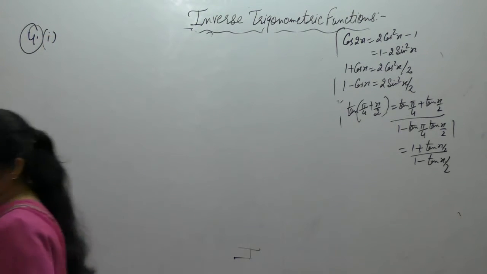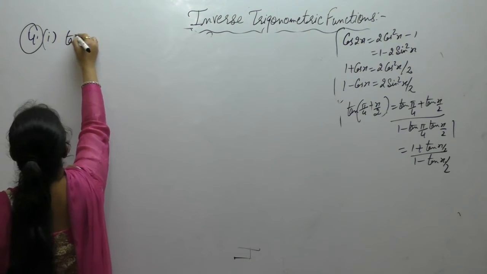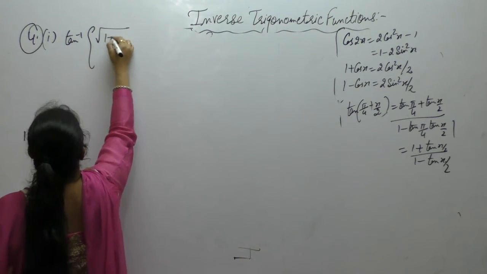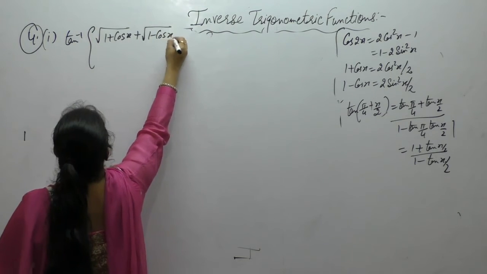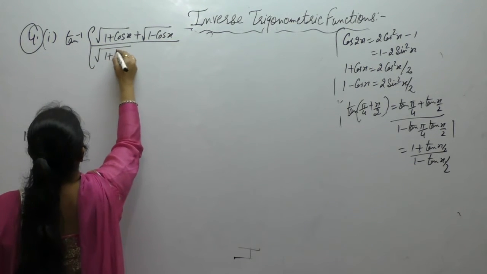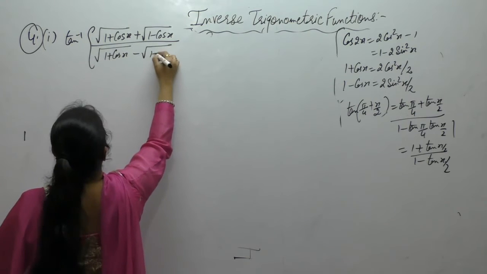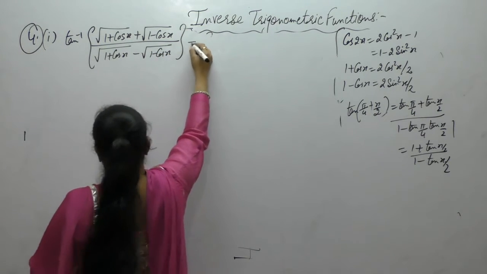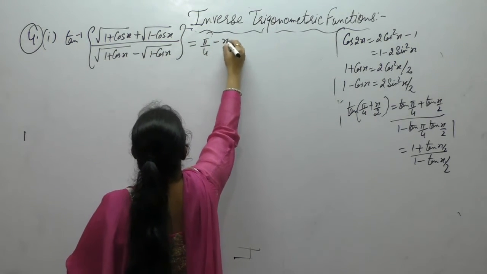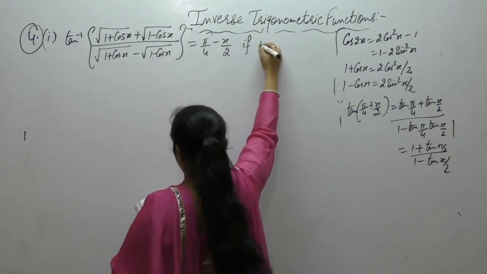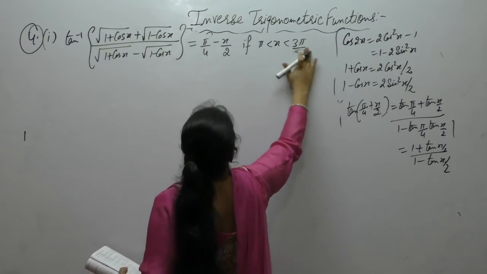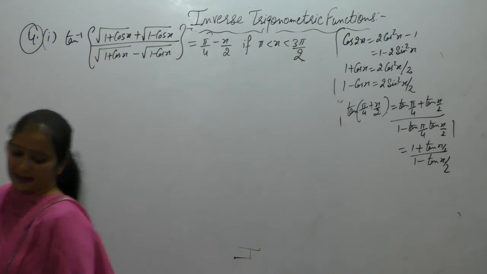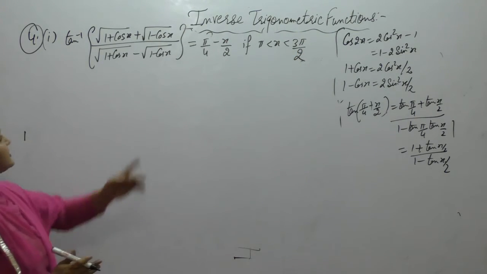Prove that tan inverse of (square root of 1 plus cos x plus square root of 1 minus cos x) upon (square root of 1 plus cos x minus square root of 1 minus cos x) is equal to pi by 4 minus x by 2, if x lies between pi to 3 pi by 2. Now use the values here.